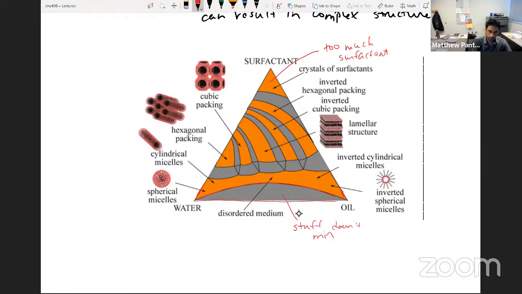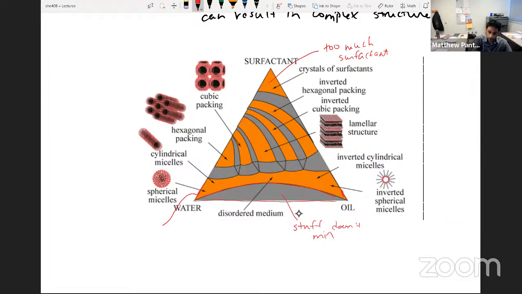Okay, so the other areas to be interested in perhaps are the lines, that's when we have none of something, right? So on this line here, this is just water plus surfactant, and you'll see it goes through some complexity.